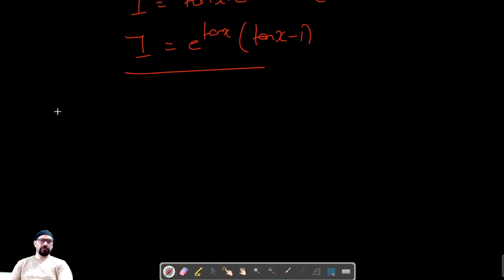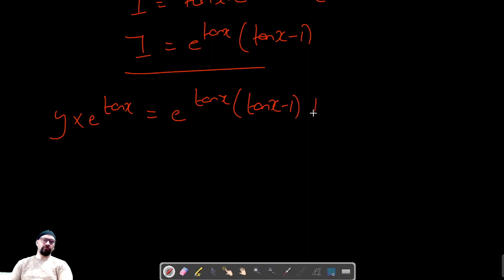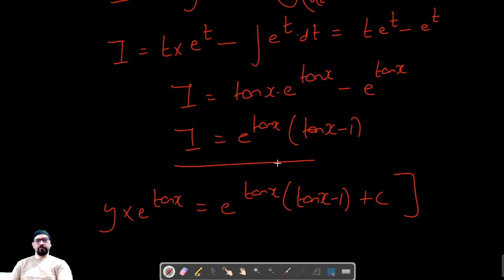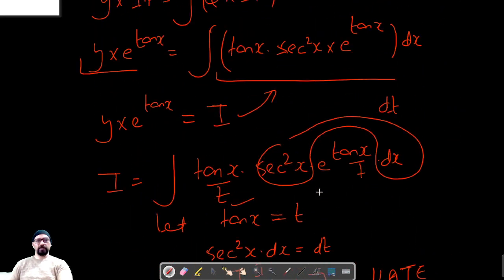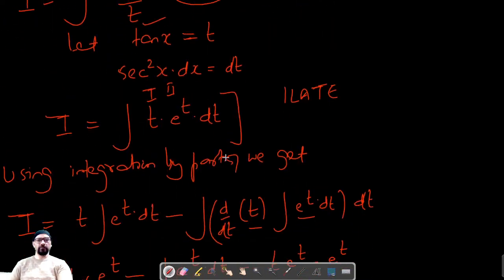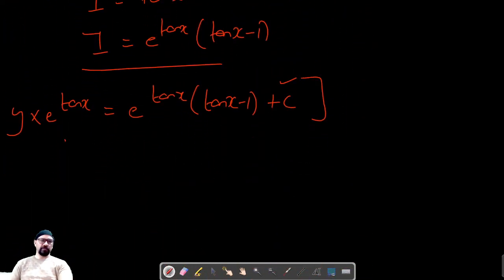So our general solution is y times e raised to the power tan x is equal to e raised to the power tan x times (tan x minus 1) plus c. To find the particular solution, we should know the value of c, and it's given that when x is equal to 0, y is equal to 0.